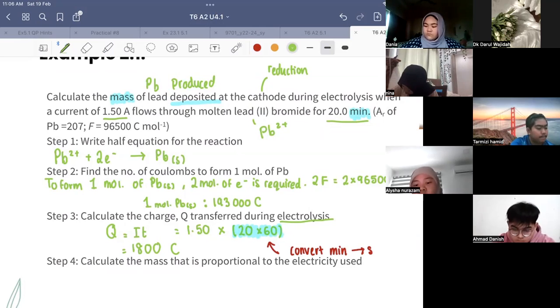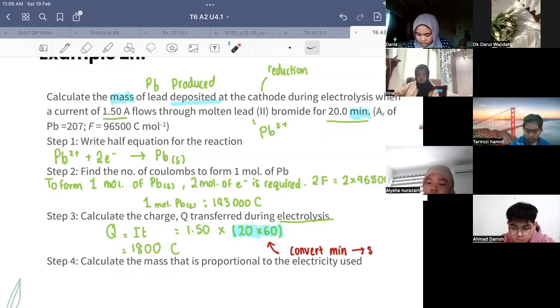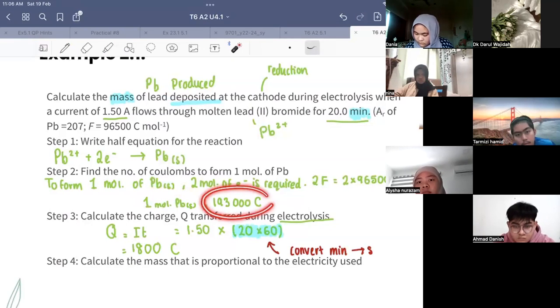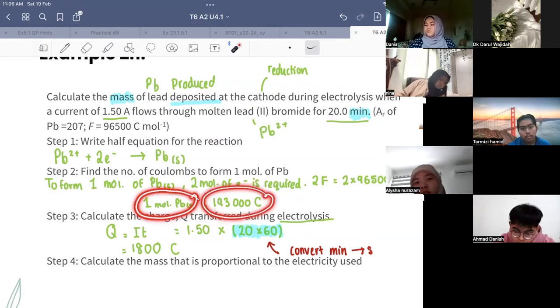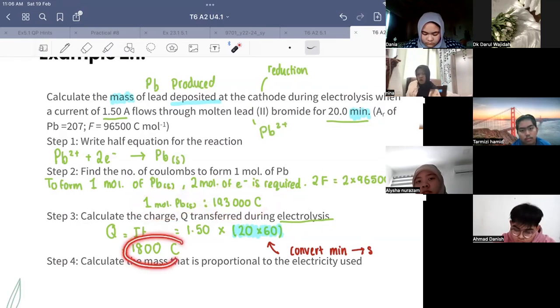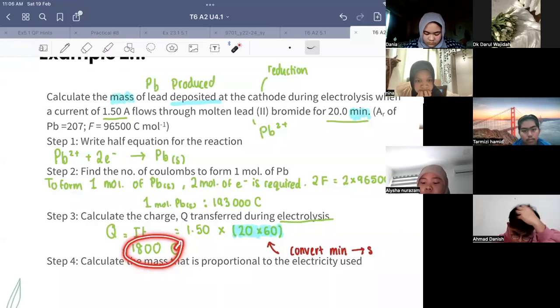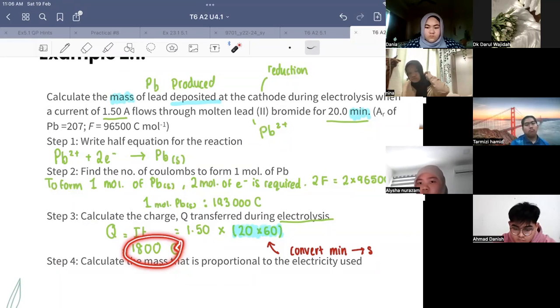Now the next part is important. Remember just now I said that if I had 193,000 coulombs, I would produce 1 mole of lead. However, in my electrolysis process, I only had 1800 coulombs. So how many moles of lead will be produced in my electrolysis setup?